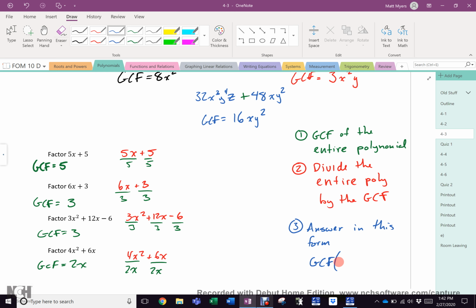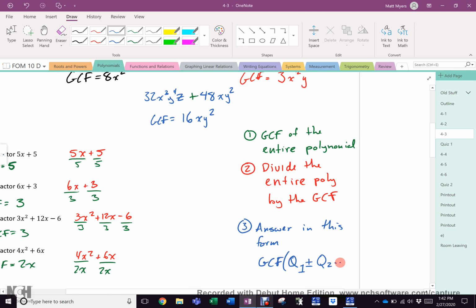Does anybody know the answer of a division question? Wayne. Quotient. Yes. So we write the GCF, and then we write the first quotient, quotient 1, plus or minus whatever it is, quotient 2. And we stop when we run out of quotients. So I just put an n because you don't know how long your polynomial is going to be.